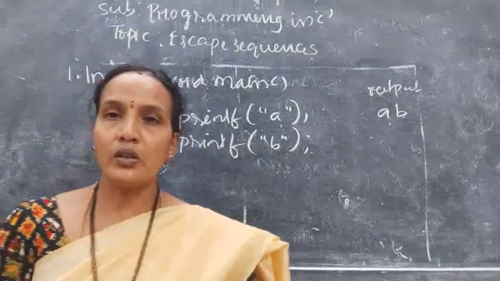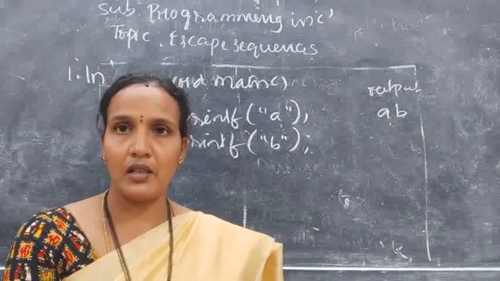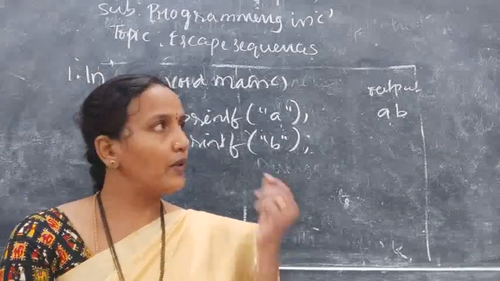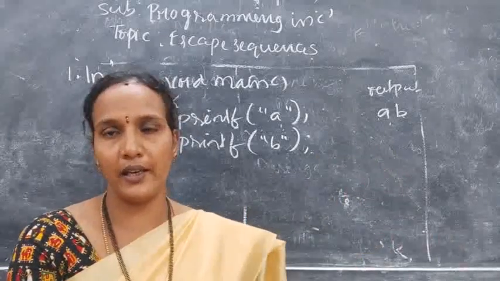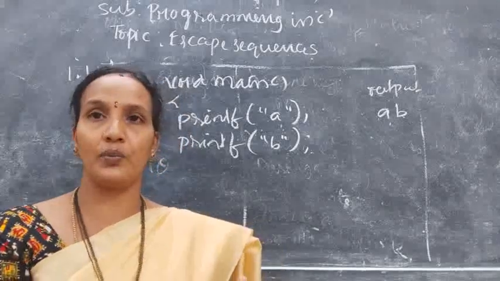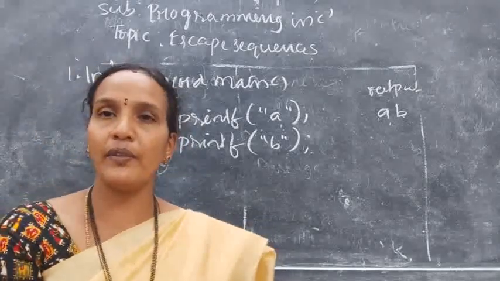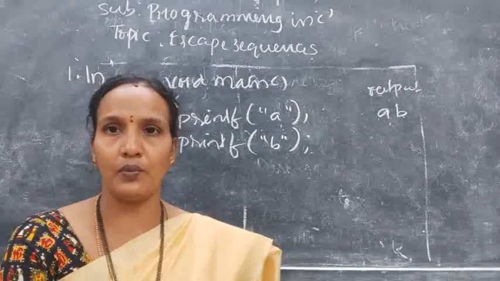If you are not using escape sequence characters like the new line, all the outputs are printed in a single line. But if you want to print the output in the next line, we add an escape sequence character in the output statements.